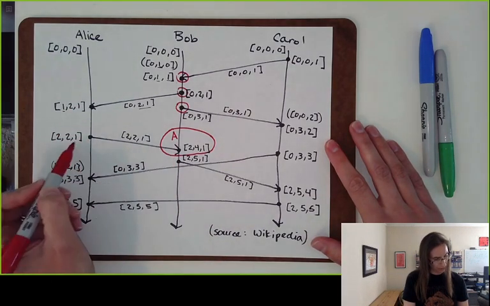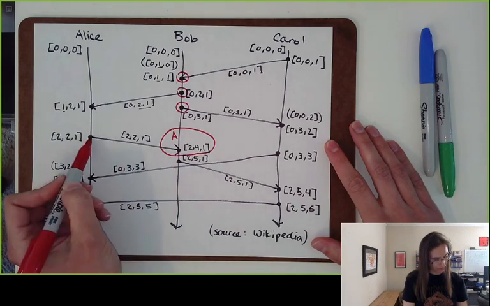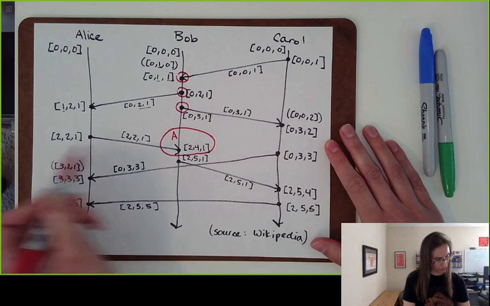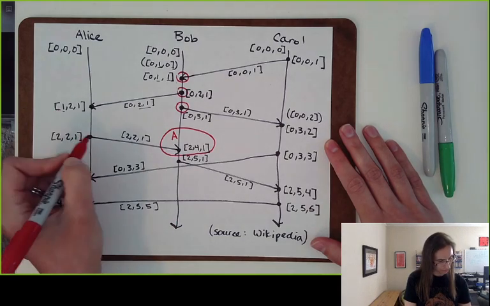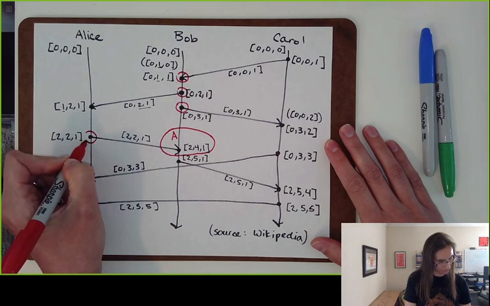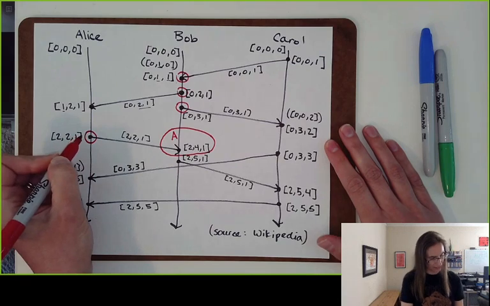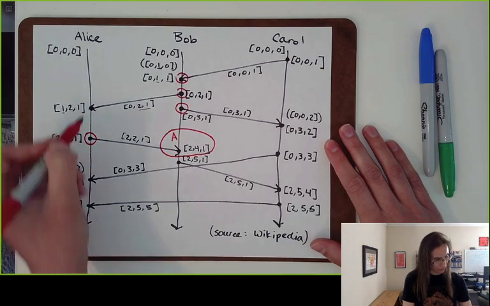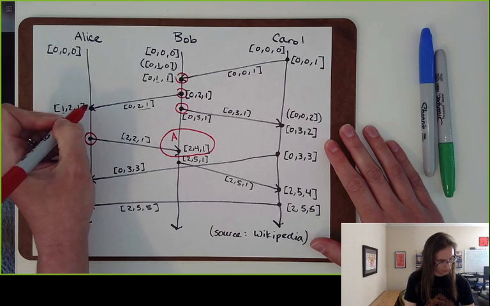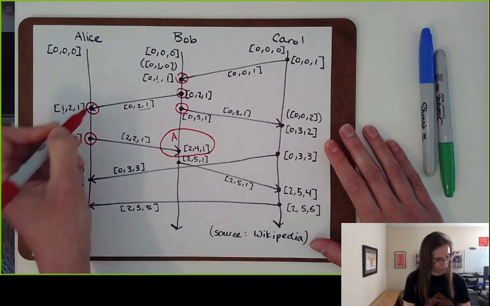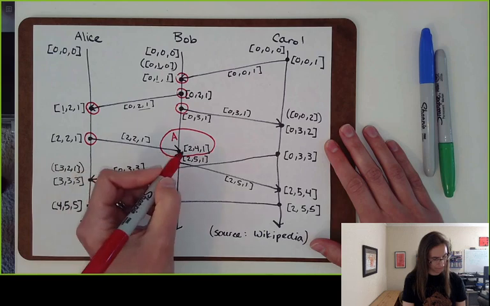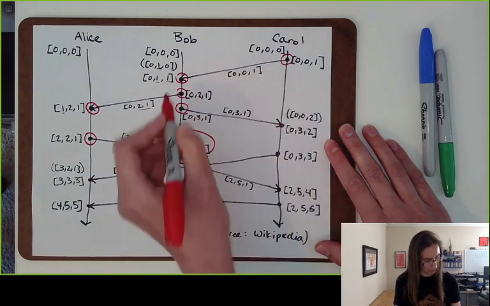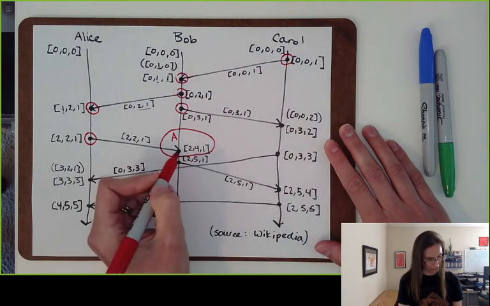This one we know happened before A, just by looking at the way that the messages go, because it's a send and A is the corresponding receive. And then this one happened before that one, so transitively, that one must have happened before A. And then there's this one over here on Carol, which happened before this one, so transitively, that one must have happened before A.